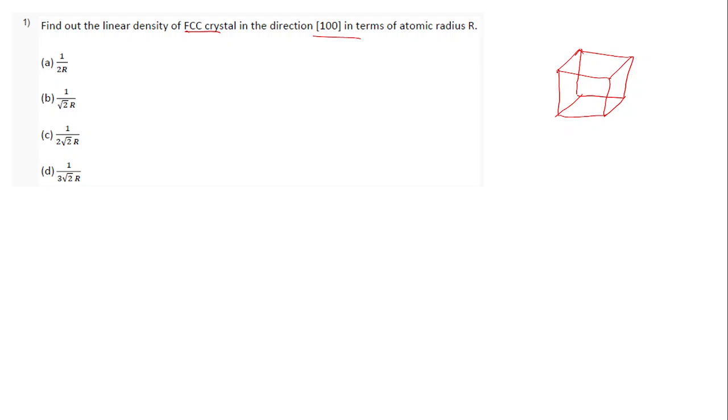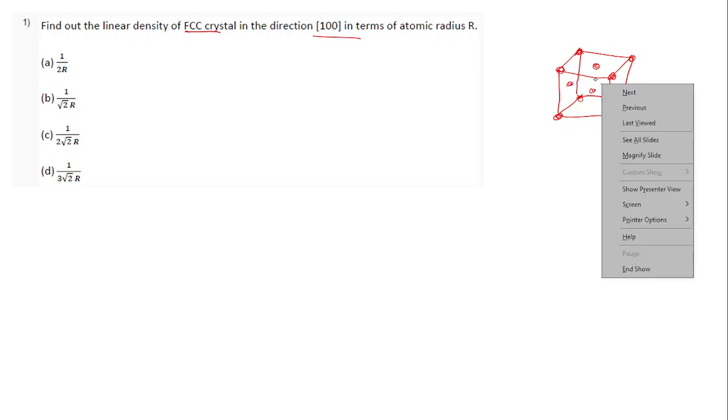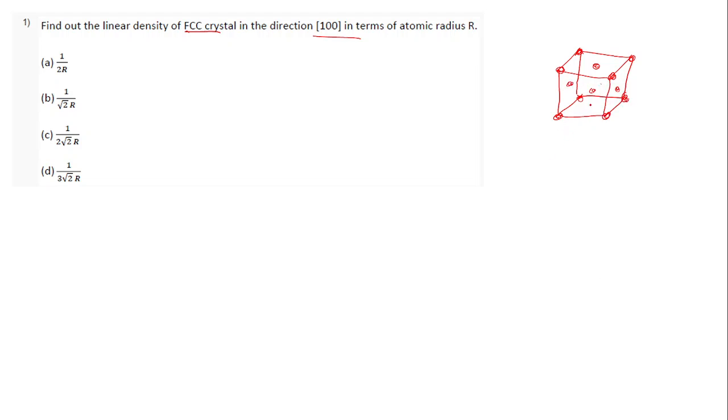FCC means there will be atoms on the corners. In a cubic arrangement we have 8 corners, so 8 atoms at the corners, and then we have atoms at all the faces. We have 6 faces, so 6 atoms.